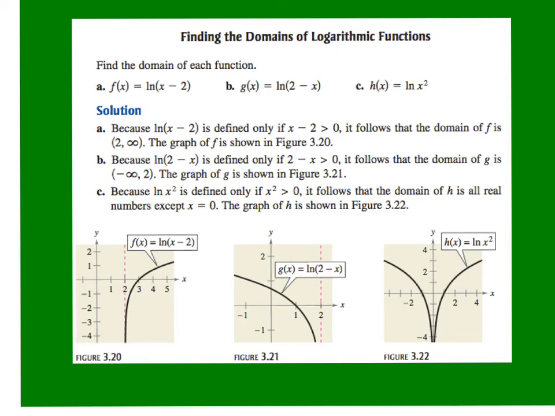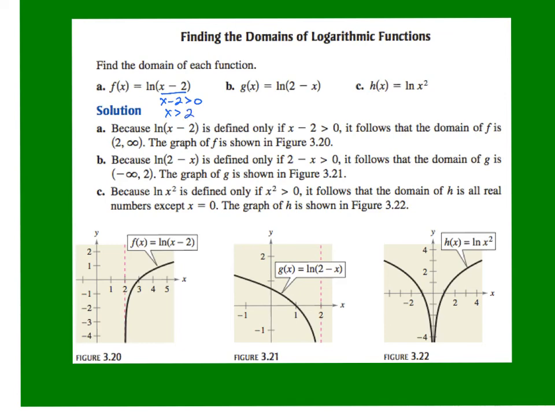We can't have a negative in my domain for my logs. Remember, when you type in natural log of -2, what happened? There's a domain error. And really, it's because of my a to the c equals b thing going on. So what we have to do is set what's inside greater than 0. So I say x minus 2 is greater than 0. Which means what? x is greater than what?